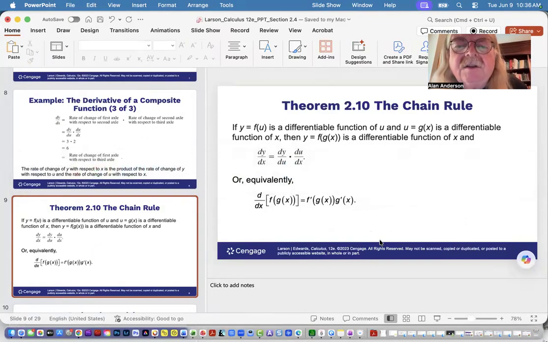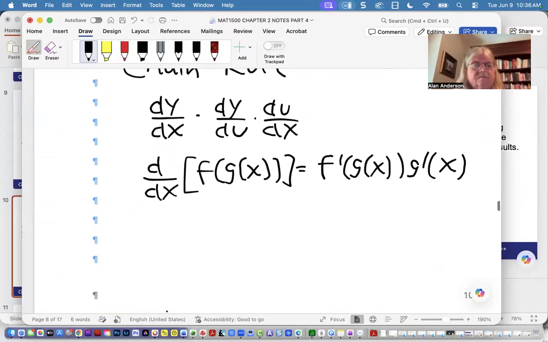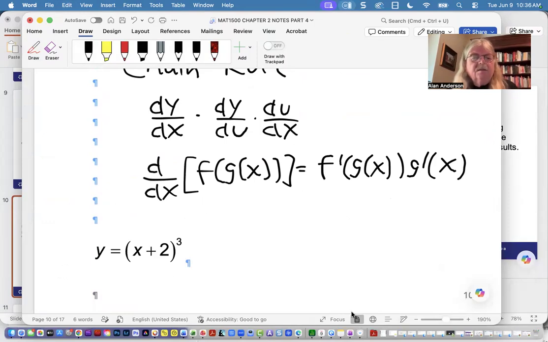Okay, so they're going to give us quite a few examples of this. Like here's some right here. For example, I think we did this one right. Let's try it again because it's a very straightforward one. So what's happening here is that we can approach this in a couple of different ways.